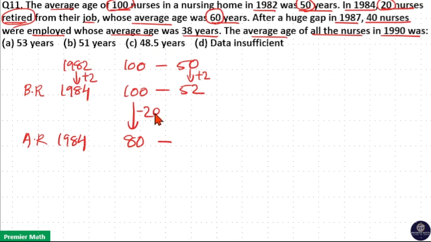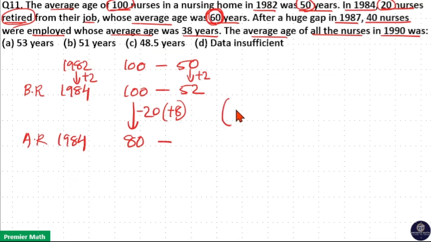That means previously these 20 people's average was 52. But the question clearly says that average age of these 20 people is 60 years. That means this 60 is plus 8 greater than previous average 52. So 20 into 8, 160, was previously distributed to the remaining 80 people.